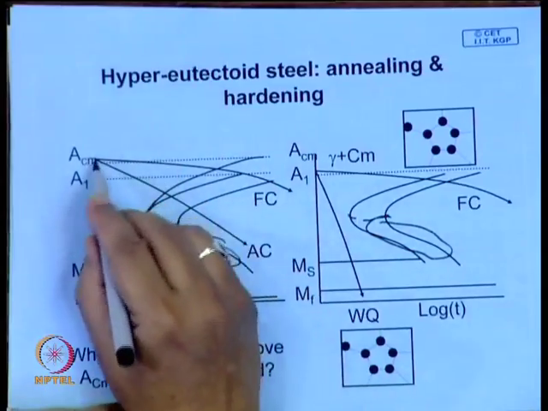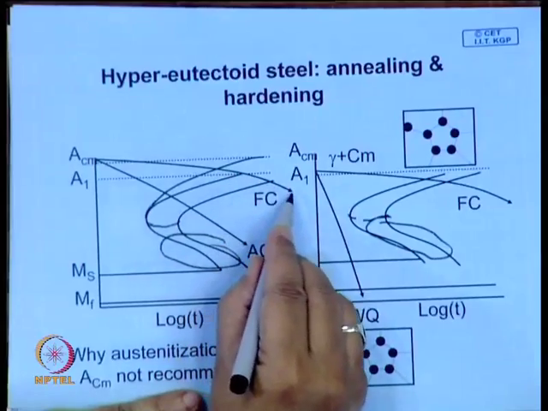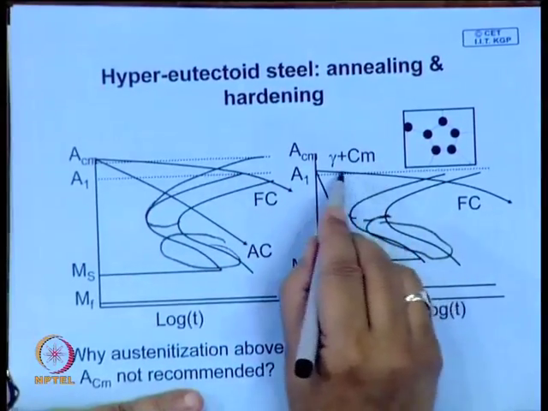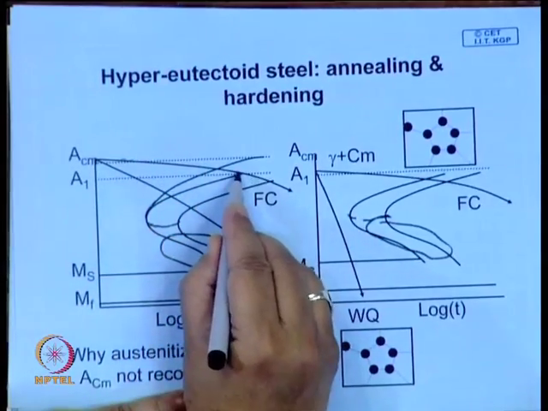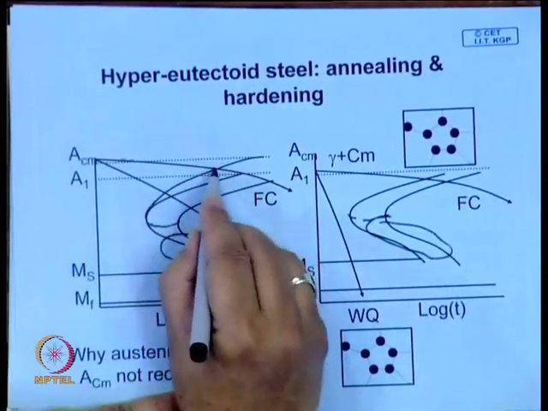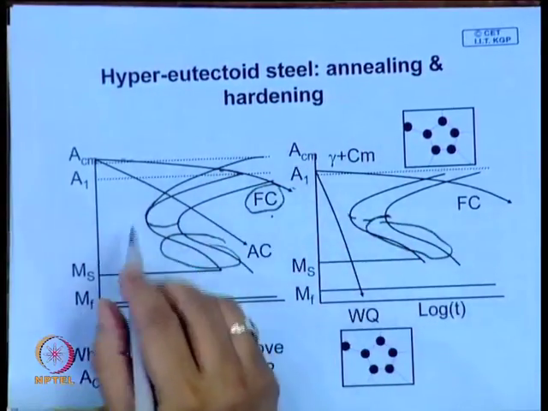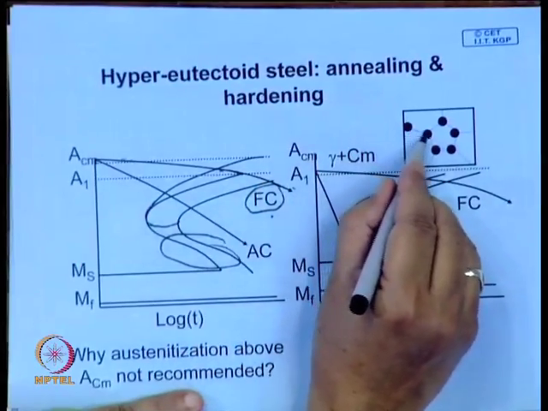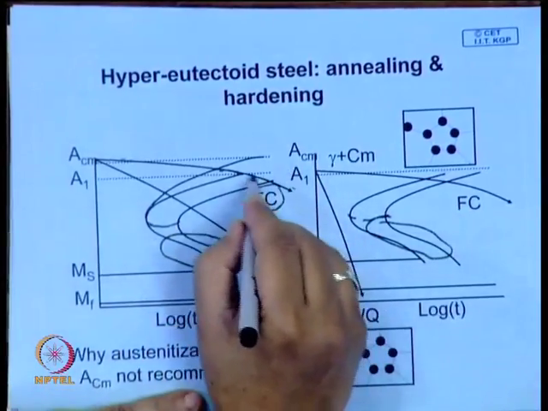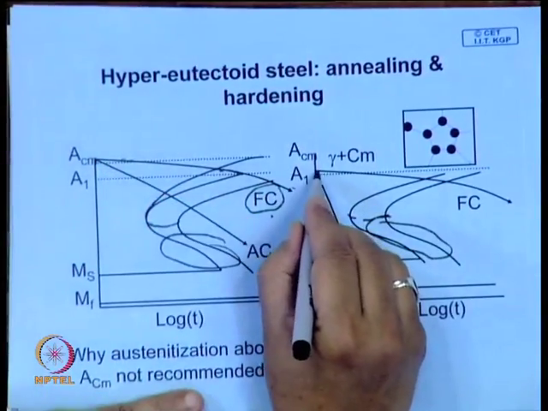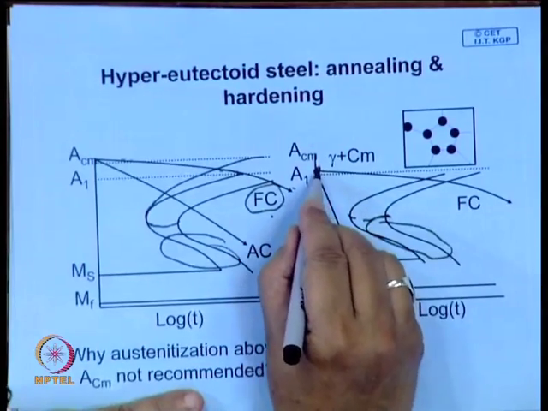If you heat it over here and do furnace cooling, you are cooling very slowly, so nearly the equilibrium amount of cementite will try to form. So, you may get a continuous network of cementite. Therefore, instead of heating up there, in the normal annealing process, you heat it at 30 to 40 degrees centigrade above A1, then furnace cool.